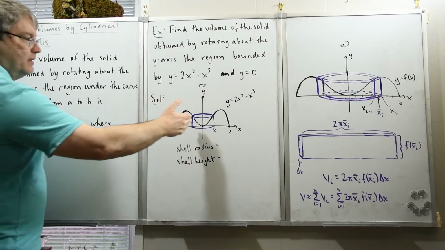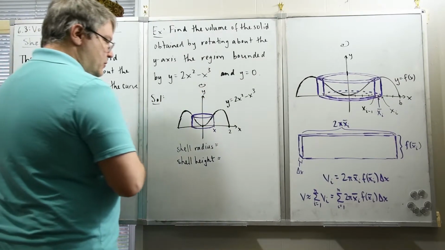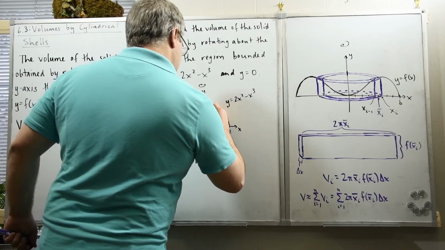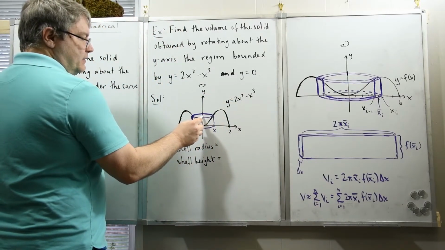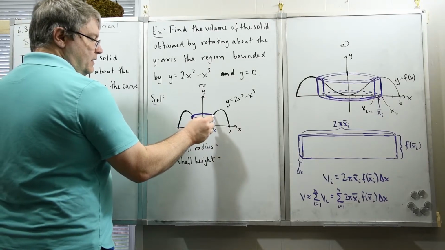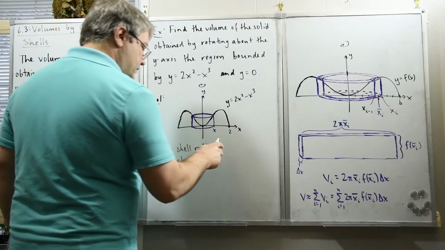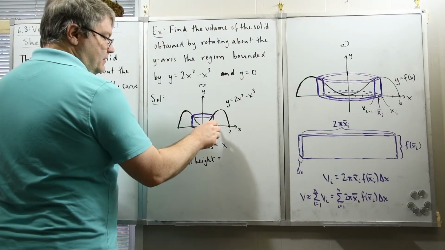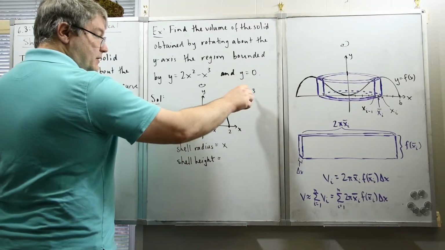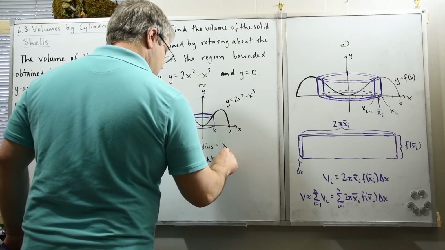This is precisely the kind of situation we find ourselves in here. In this case, the shell radius is the distance from the axis of revolution to the shell, and that distance is just x. So shell radius is x. Shell height is the distance from the x-axis to the curve, that's your y value, 2x squared minus x cubed.